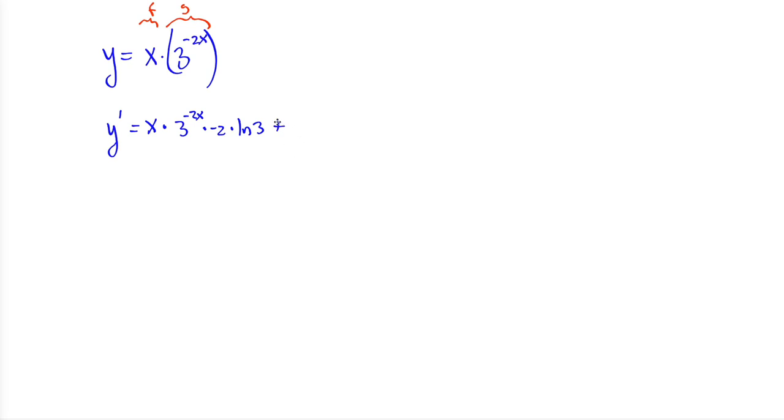And then we're going to do plus the second times the derivative of the first. And then traditionally for these, you're going to be expected to factor out common information. It looks like 3 to the negative 2x is common, because the second one only has a 1. So this would say 3 to the negative 2x, and you'd be left with negative 2x ln 3, however you want to write that, plus 1.